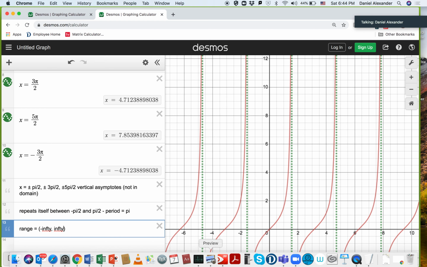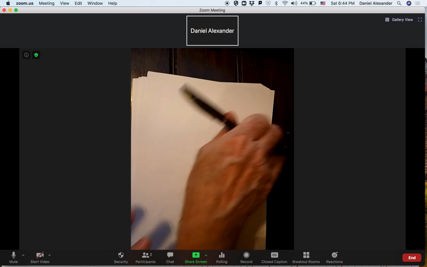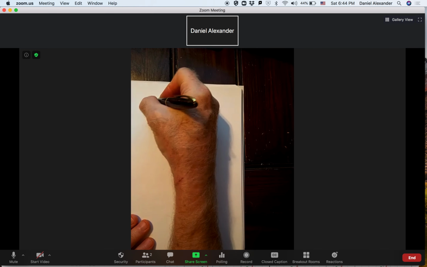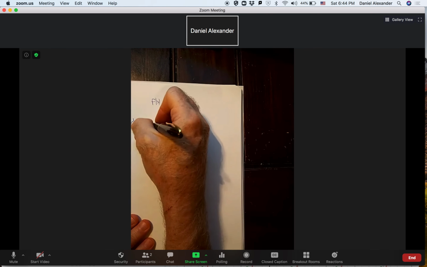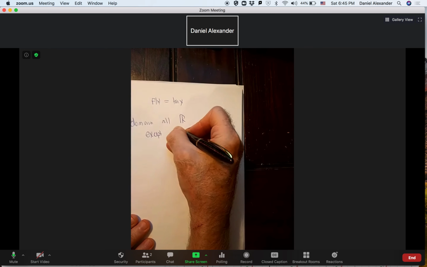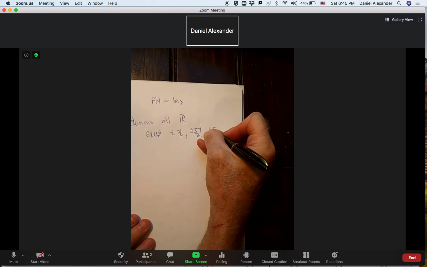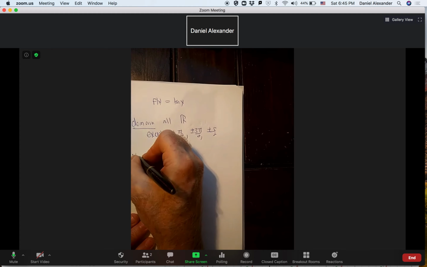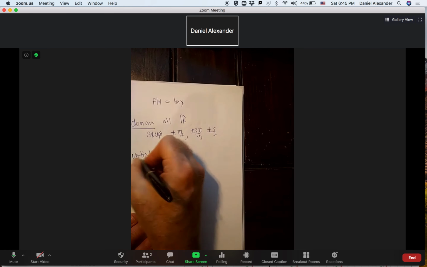Okay, so I'm going to go back to the graph and summarize all this stuff. So let me stop the share. So we're going to look at the tangent function. We saw that the domain is going to be all real numbers except plus or minus pi over 2, where there's a vertical asymptote, plus or minus 3 pi over 2, where there's a vertical asymptote, and so forth. It has vertical asymptotes at these values.